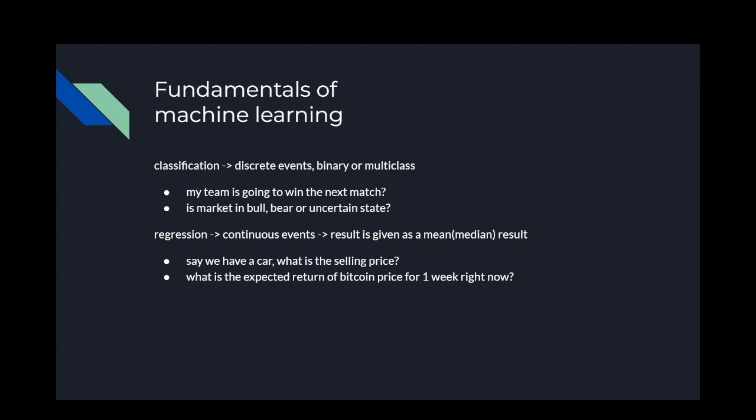For example, in financial markets, we can apply a model so that it can predict whether the market is in a bull state or in a bear state, or is it in a state which is uncertain.